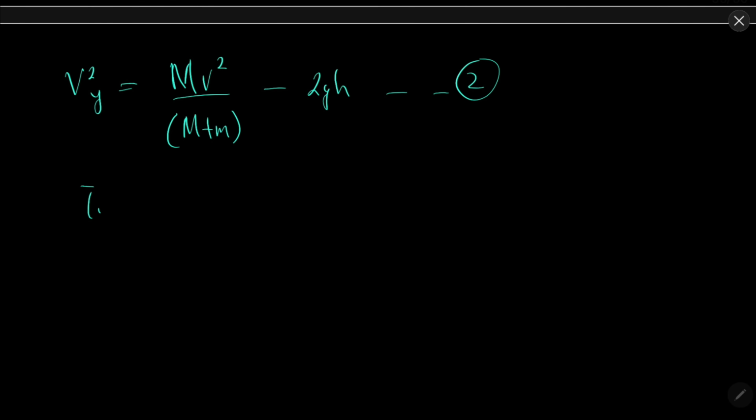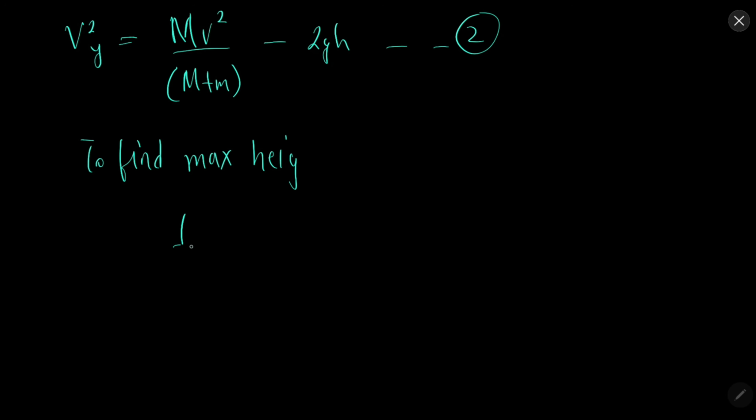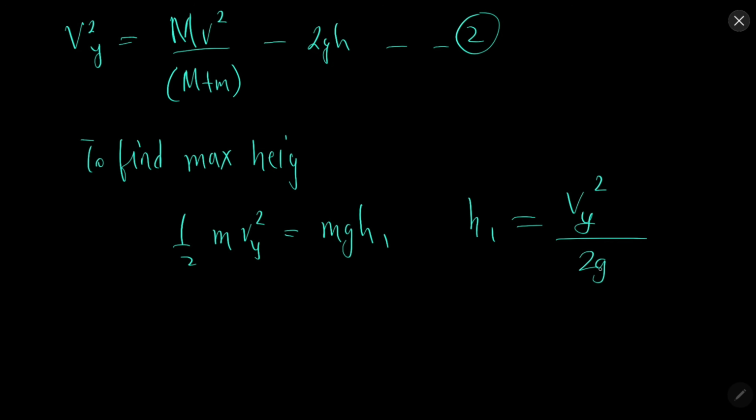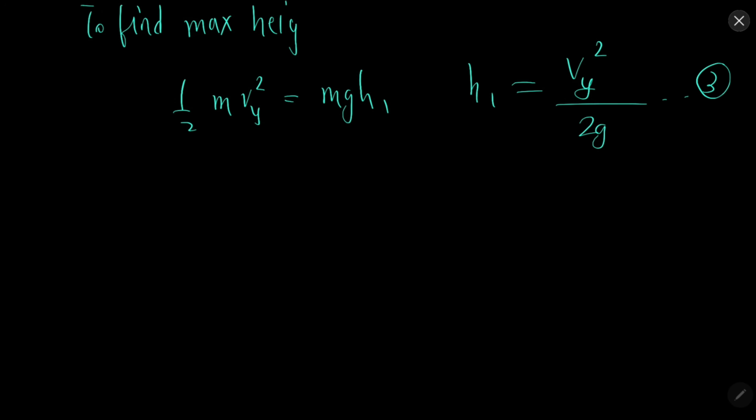Now to find the maximum height, we need to assume half m vy square equal to mg h1. h1 will be vy square over 2g. Let this be equation 3.